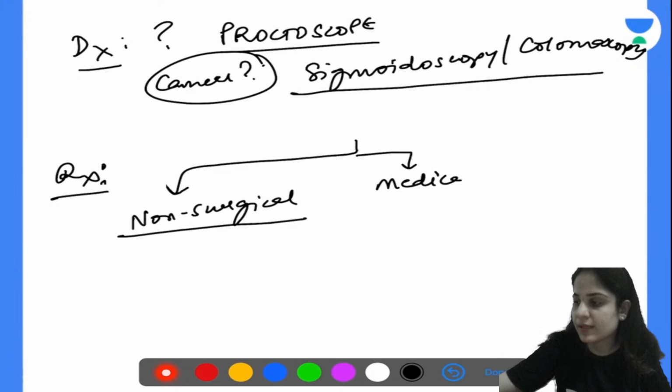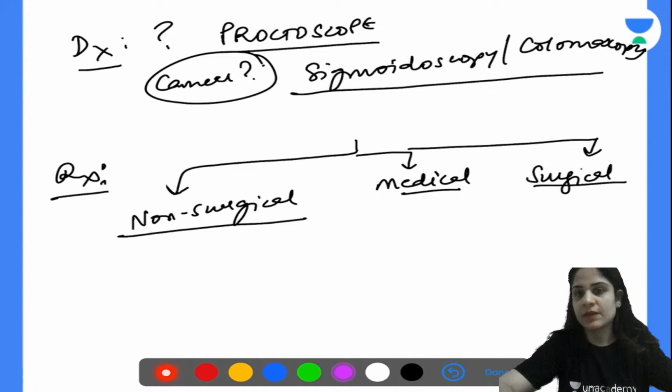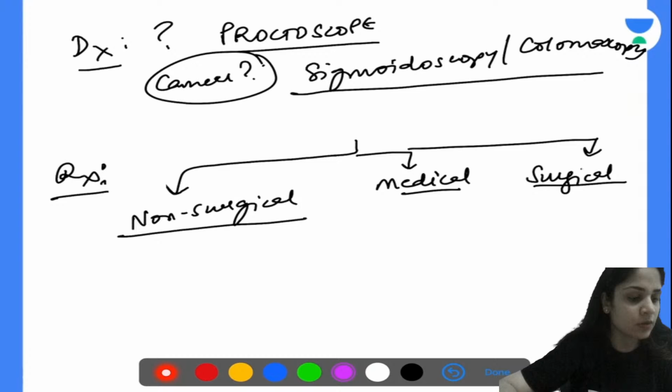Non-surgical or non-medical? What is the medical treatment and what is the surgical treatment? All right. Yes, we are back. So, this is the non-surgical, medical and the surgical treatment.